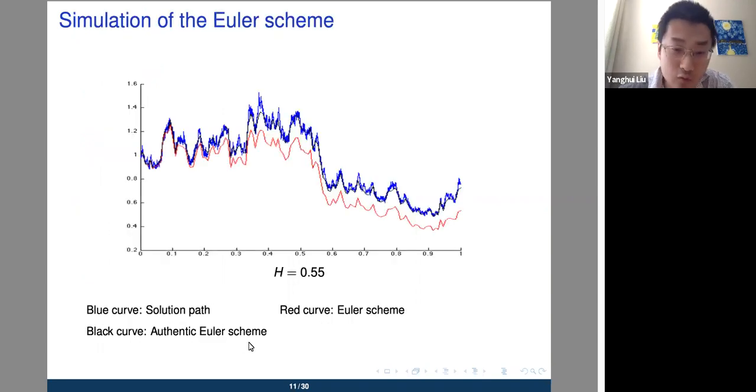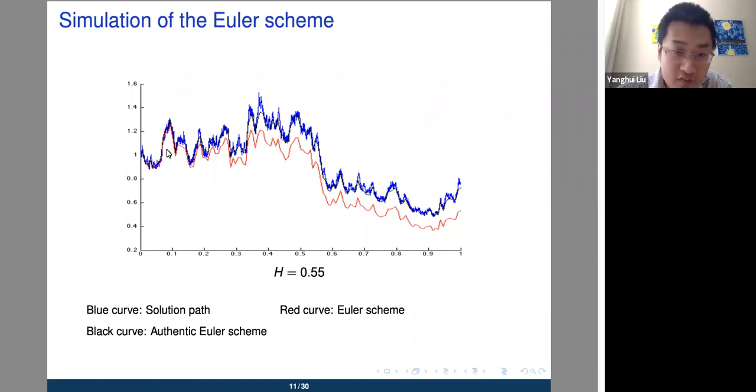Okay, so once we have introduced the scheme, we want to simulate the scheme, right? So here is the simulation. Here h is 0.55. The blue curve is the solution curve, and the red curve is still the classical, naive Euler scheme. And as you see, the approximation is not good enough. It's kind of going away from the solution.